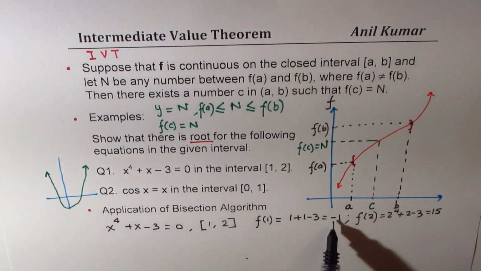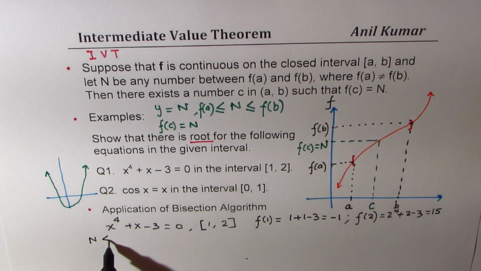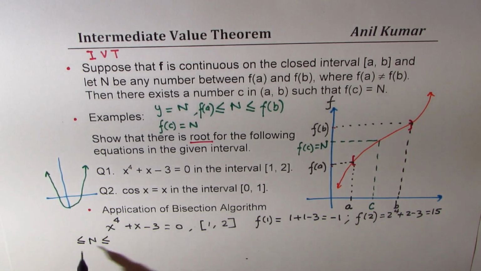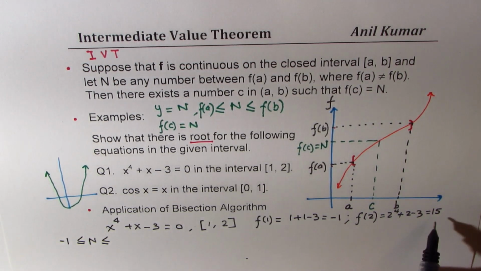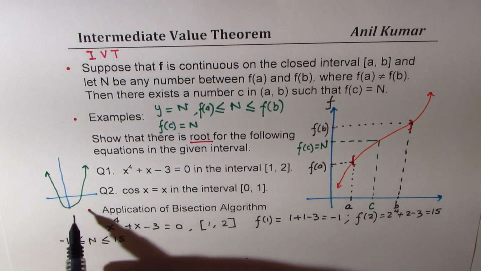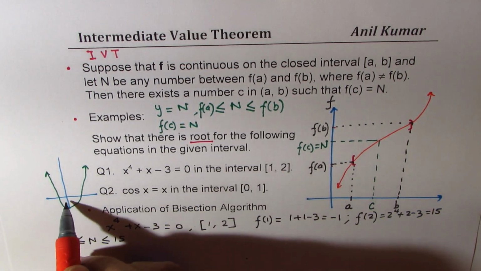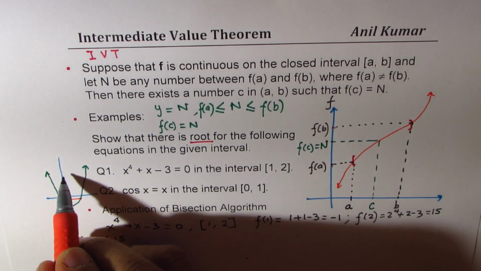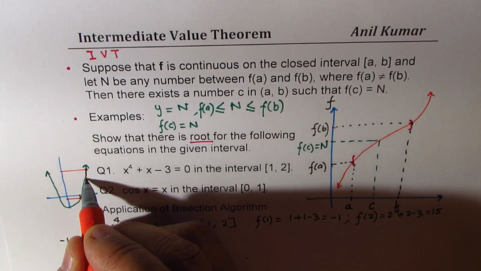Perfect. So what we get here is that n is somewhere in between minus 1 and 15. These are the two values for this function. If that is the graph, then somewhere here and somewhere there are the two values we're talking about.